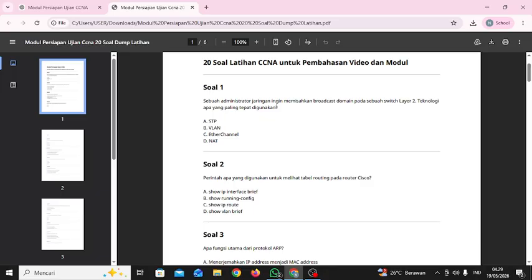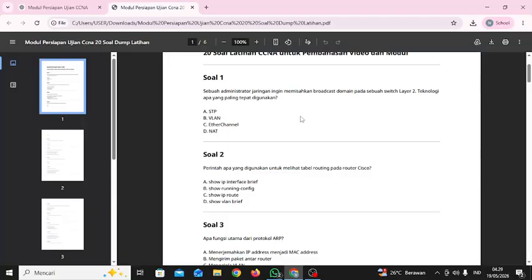For example, VLAN 10 can be used for the finance department, VLAN 20 can be used for human resources, and then VLAN 30 can be used for IT support. Even if all devices are connected to the same switch, they are logically separated.